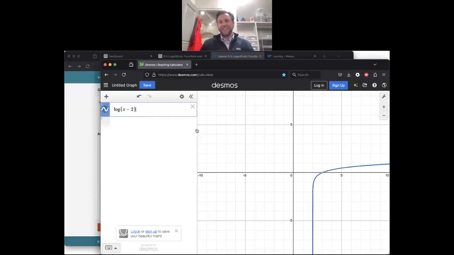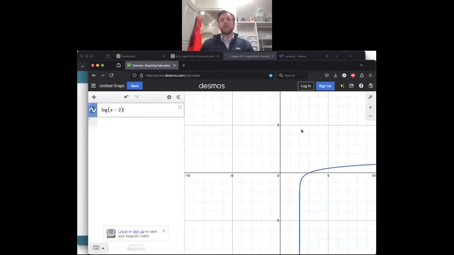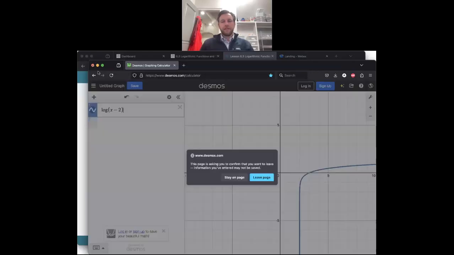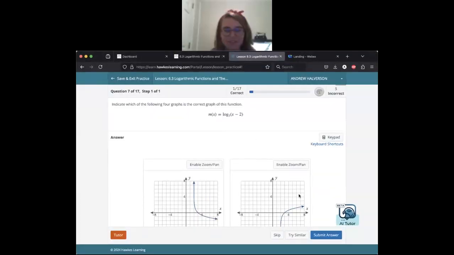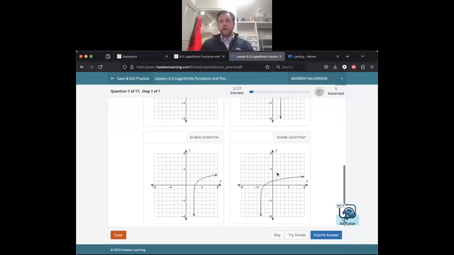So look at that, it kind of gave it to us. Even though the base is different, that's okay. It's the inside that really matters. So I'd probably use Desmos to help you identify which one you need.